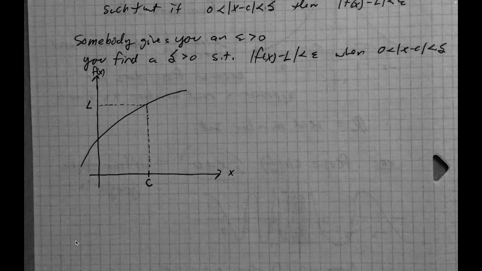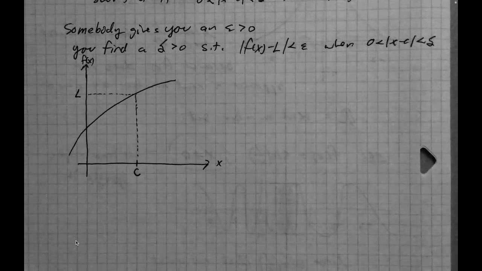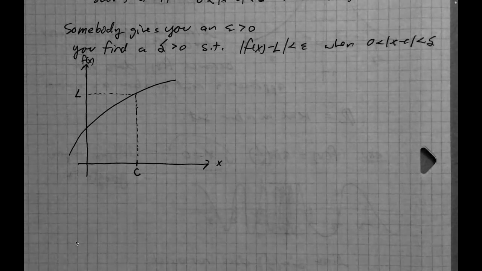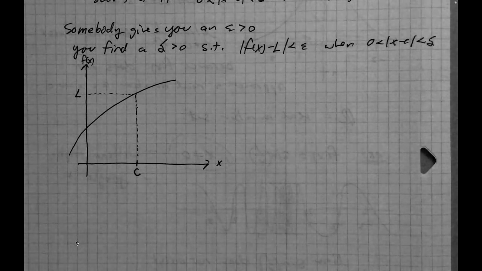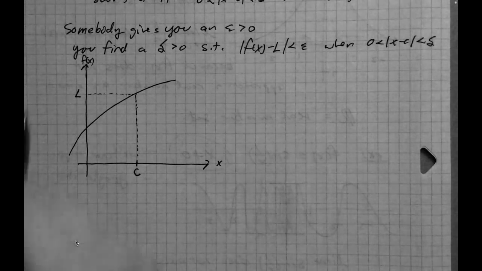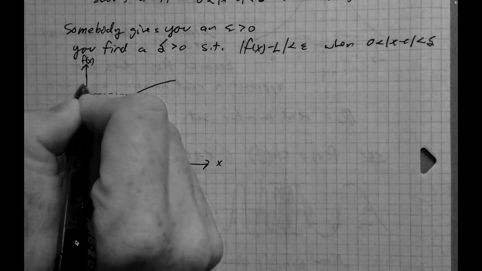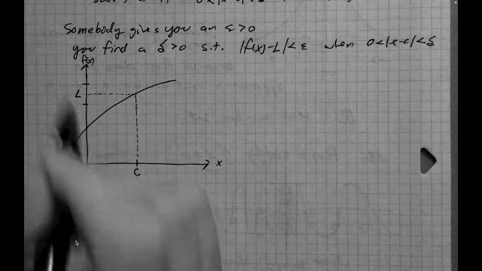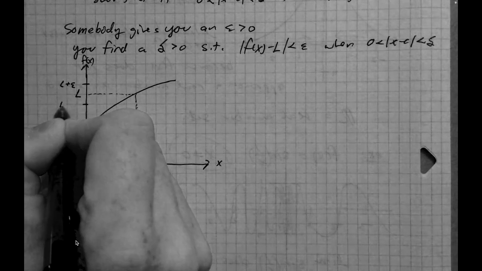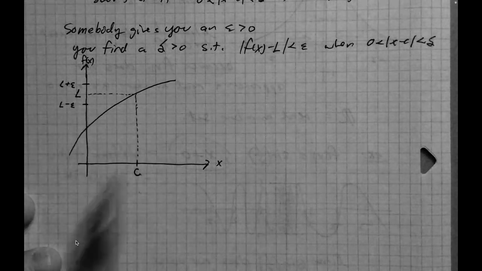So if somebody comes in and says, here's an epsilon greater than 0, a very small distance, I want you to be very, very close to L. I want you to find a value of x that when you plug it into that function, you're within this distance of the limit, right? And so when somebody gives you an epsilon, they're basically defining a range, L plus epsilon and L minus epsilon.